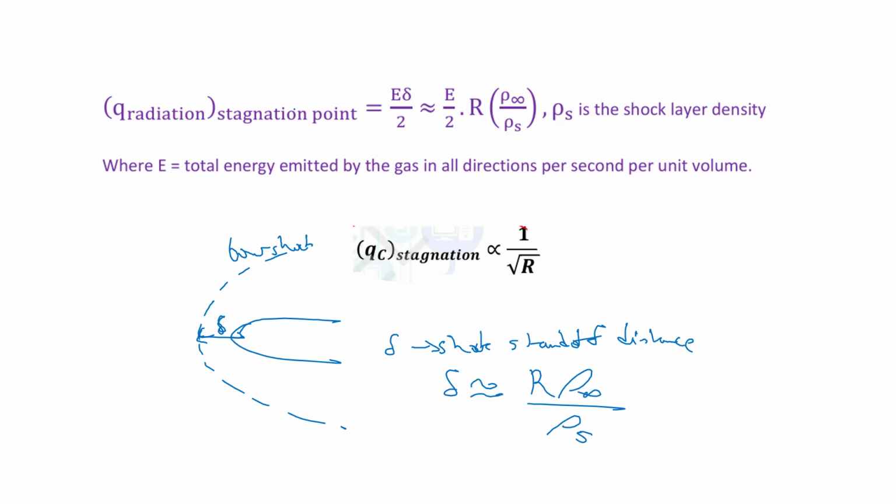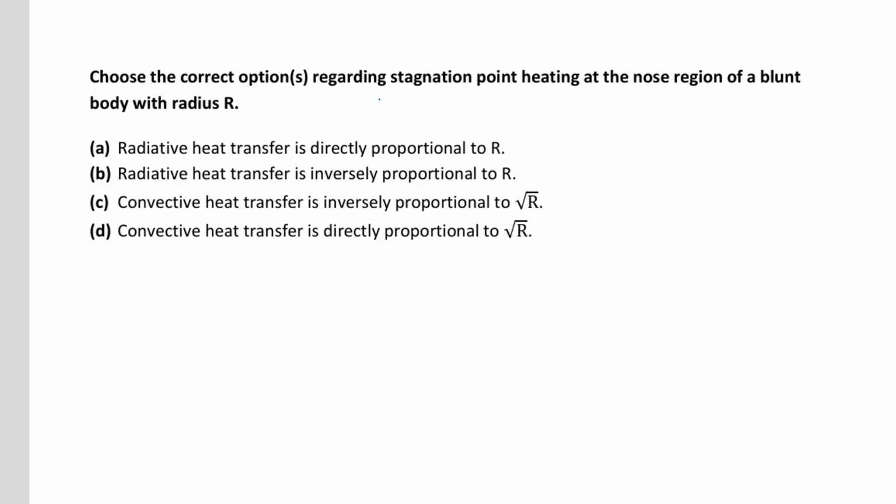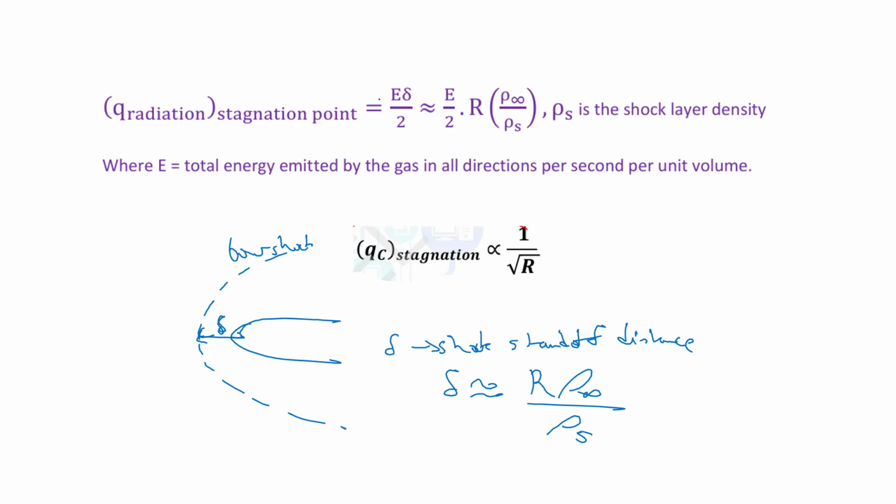So this stagnation point heat transfer is given by E delta upon 2, which is approximately equal to E by 2 R rho infinity upon rho s, where rho s is the shock layer density.